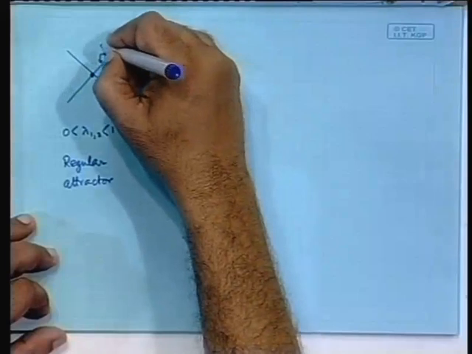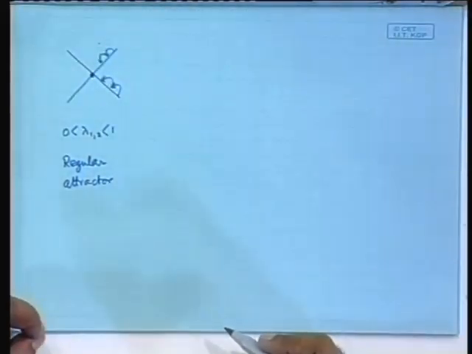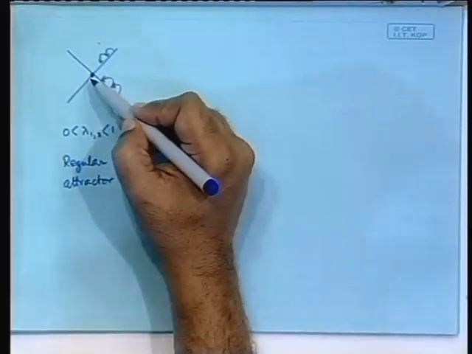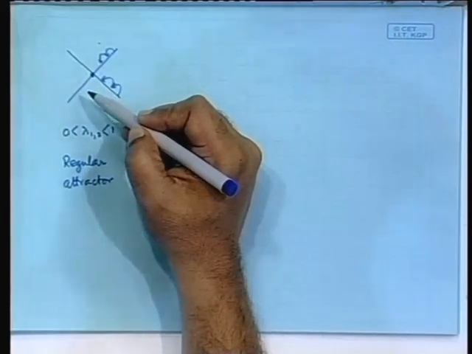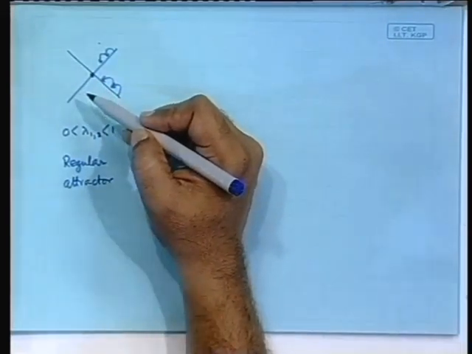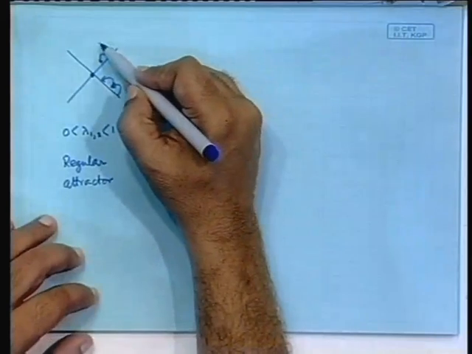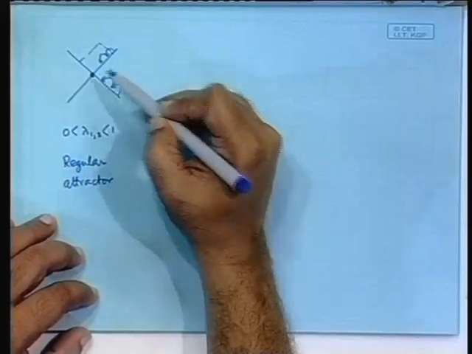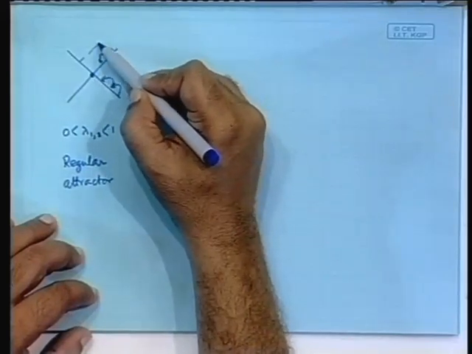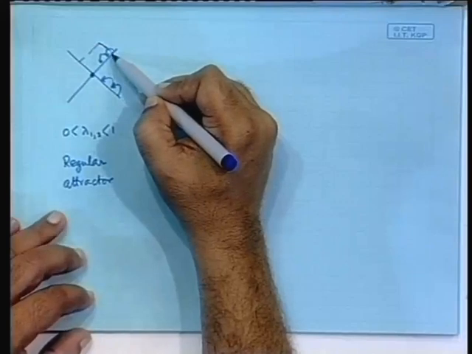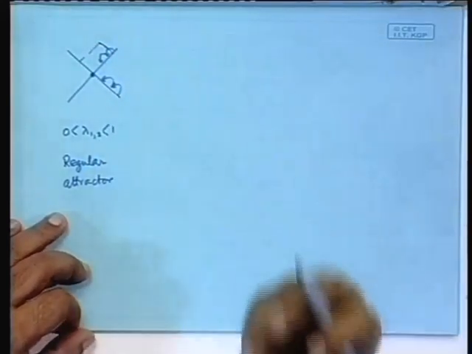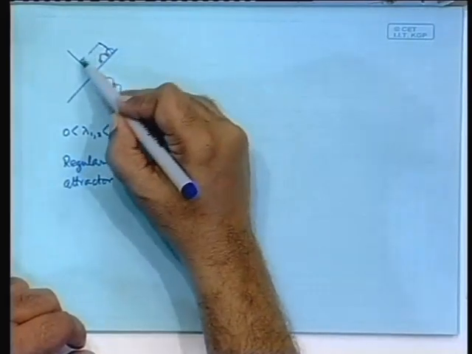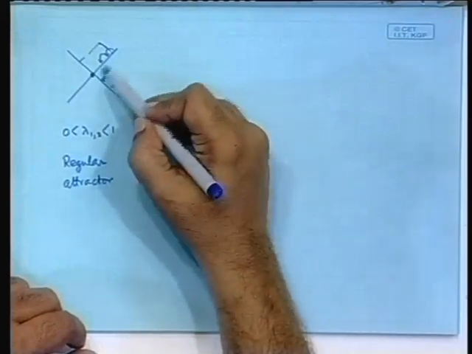What would be the behavior if you start from somewhere else? How will it proceed? Obviously, this will approach the fixed point, but how? Again, try to recall the logic that we had given earlier. This has to be broken up into 2 components along the 2 eigen directions, and then this distance will progressively reduce as multiplied by the eigenvalue along this direction, and this one will reduce as multiplied by the eigenvalue in that direction.